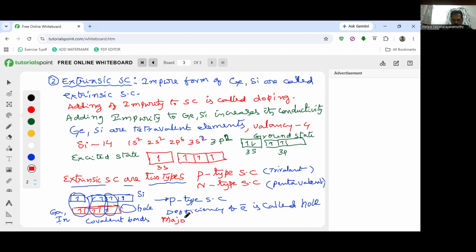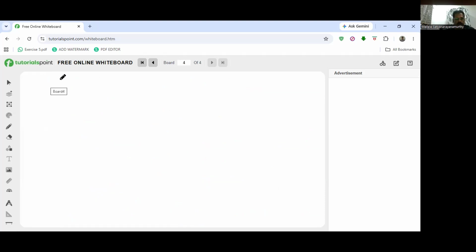Majority charge carriers are holes here in a p-type semiconductor. In a p-type semiconductor, majority charge carriers are holes.